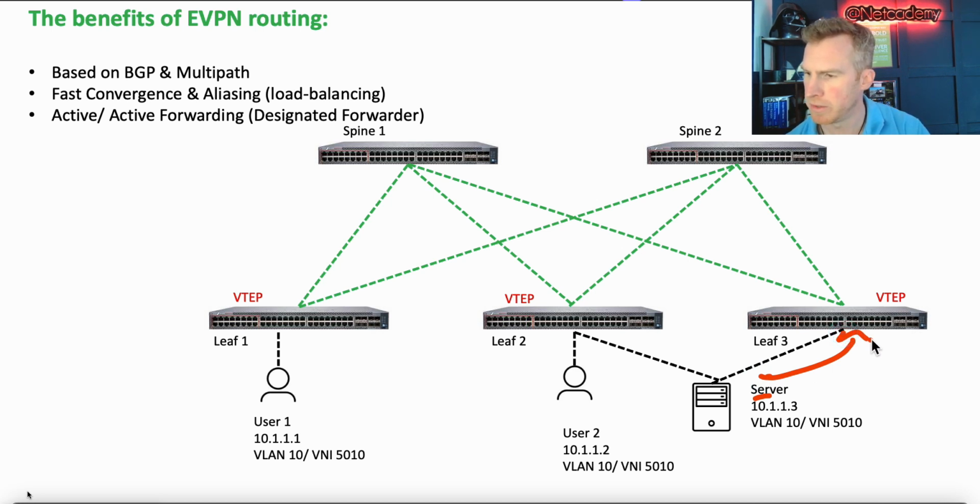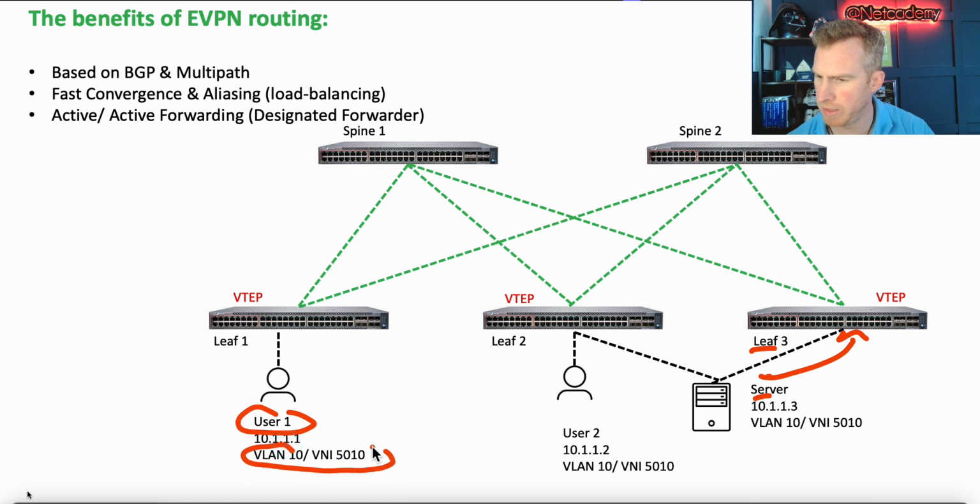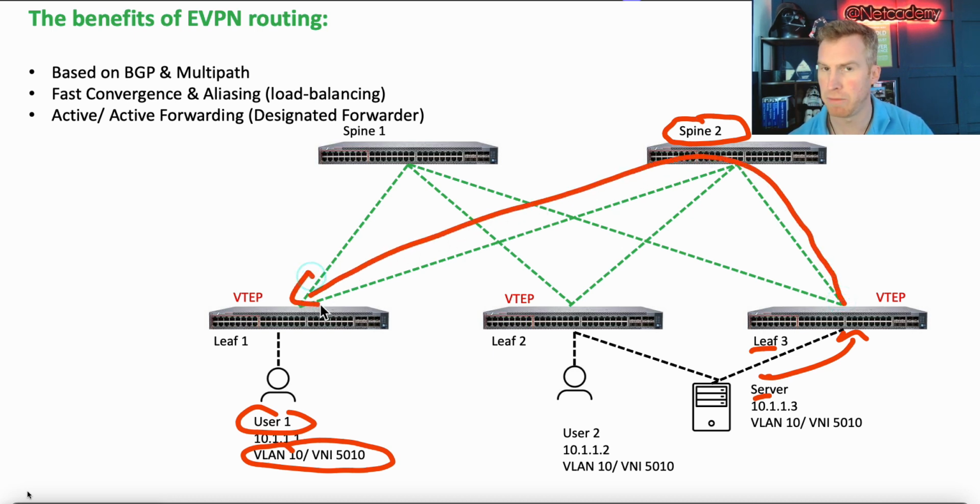So let's say the server sends that BUM traffic up to leaf 3. And let's just say, for example, that the destination is user 1, which is in VLAN 10, VNI 5010. But leaf 3 decides it's going to send that BUM traffic via spine 2 down to leaf 1. So leaf 3 would send that traffic over the VTEP to leaf 1.